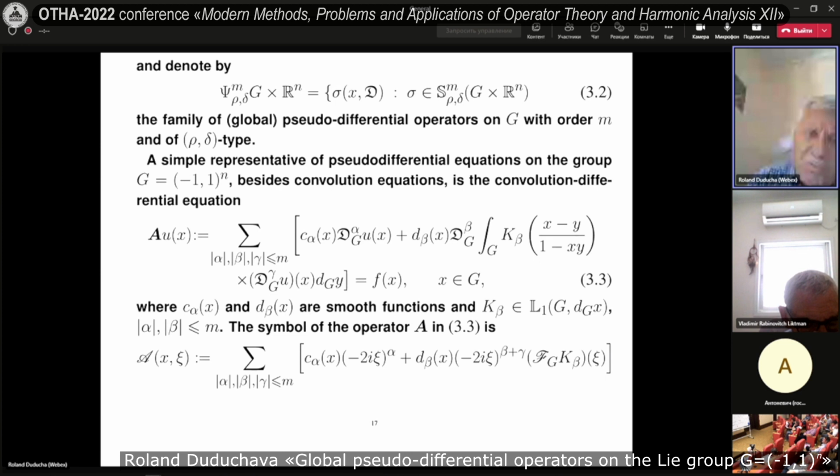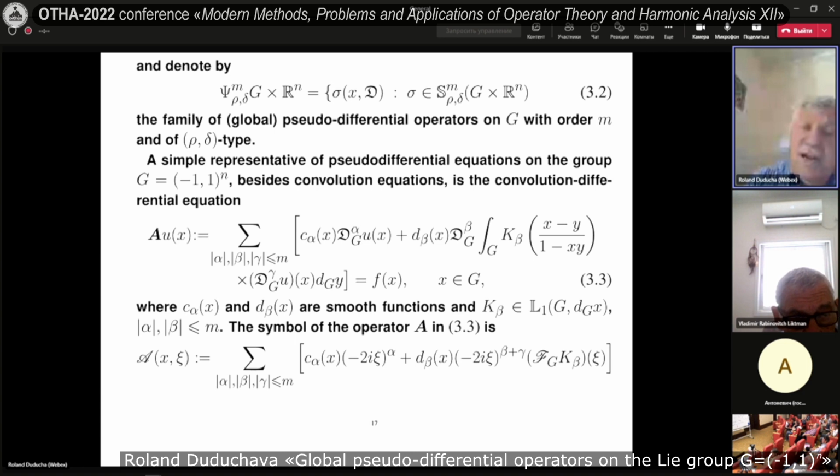Composition formula. The classical composition formula is repeated here, and the asymptotic expansion is given with the help of this weighted differential operator. The adjoint operator is again a pseudo-differential operator, with an asymptotic expansion.